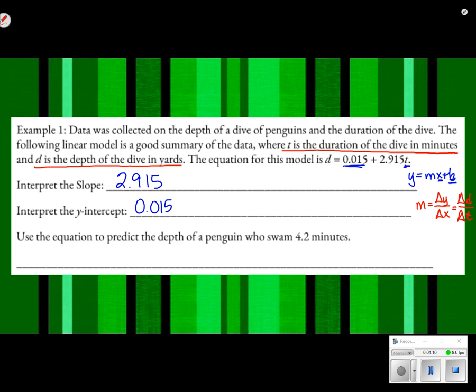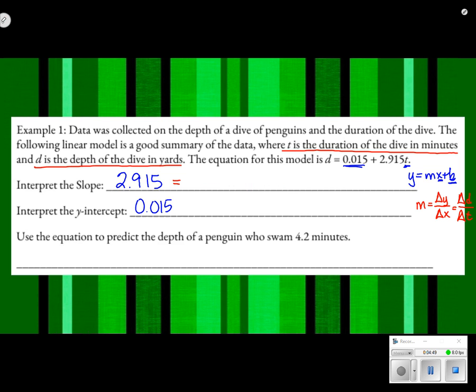So change in d, that's change in depth in yards, like how far they dove down, over change in time in minutes. So this is 2.915 yards per minute. So what does that mean? I'm writing that right now just so that you can see what I'm thinking. But that means that when a penguin is diving, that's their speed. That's how fast that penguin is traveling.